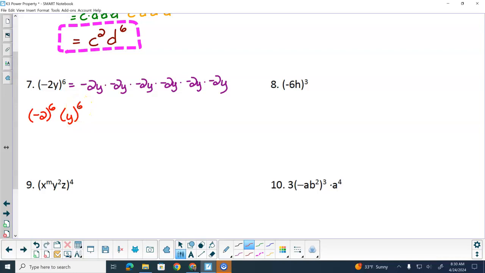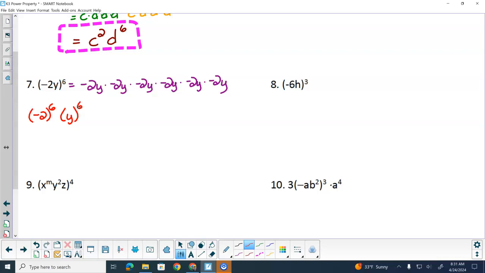Now, for those of you typing on your calculators, negative 2 to the 6th power, you have to be careful as to how you type it in. Because it's an even power, should the answer be positive or negative? It should be positive because it's an even power. The powers of negative 1 told us that. Even powers are always positive.